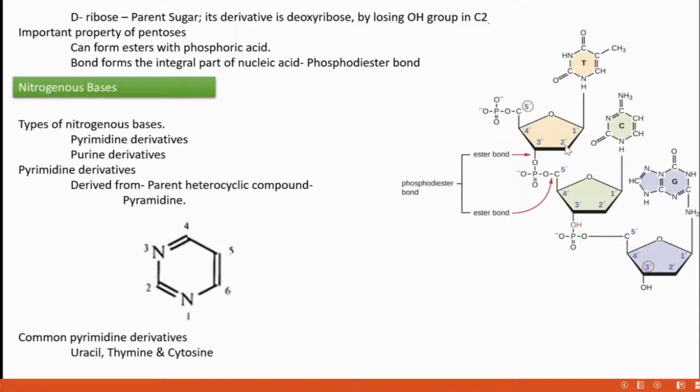These sugars are attached with phosphoric acid. Here the 5th carbon is connecting with the phosphoric acid group, and here the 3rd carbon is connecting with the phosphoric acid. So here is one ester bond, here another ester bond. So 2 ester bonds connect one phosphoric acid group with the nucleic acid chain. These 2 ester bonds together we call the phosphodiester bond.